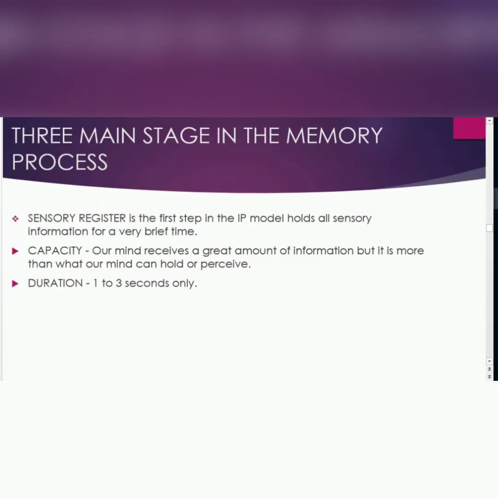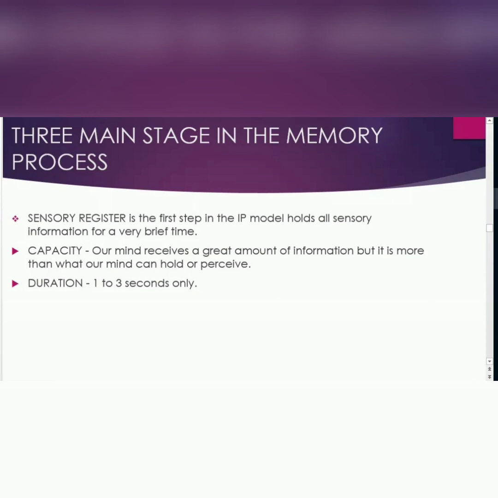Three main stages in the memory process. Sensory register is the first step in the IP model, and holds all sensory information for a very brief time. Example, sight, hearing, smell, taste, and touch.